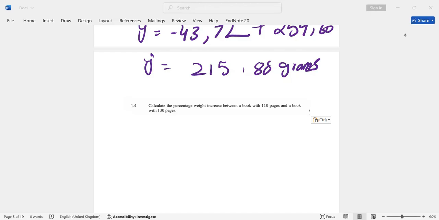Now, the next question is 1.4: Calculate the percentage weight increase between a book with 110 pages and a book with 130 pages.